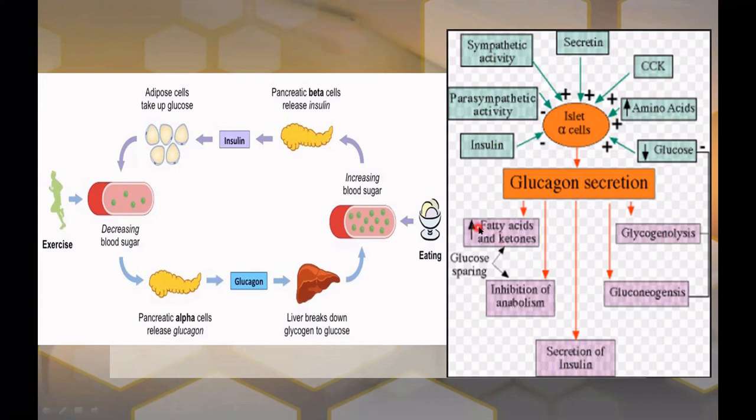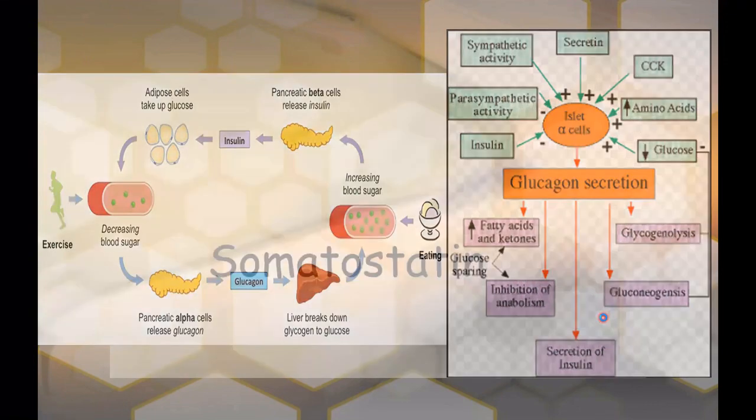That is, it increases the fatty acid and ketone concentrations, and there is inhibition of anabolism. So then you have the secretion of insulin and increased glycogenolysis and gluconeogenesis. So this was regarding glucagon and its function.